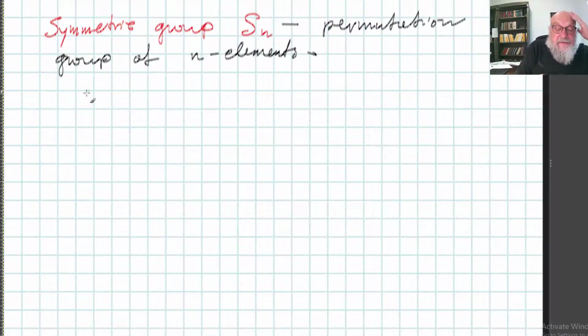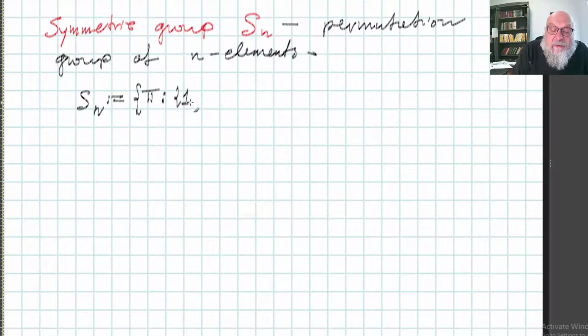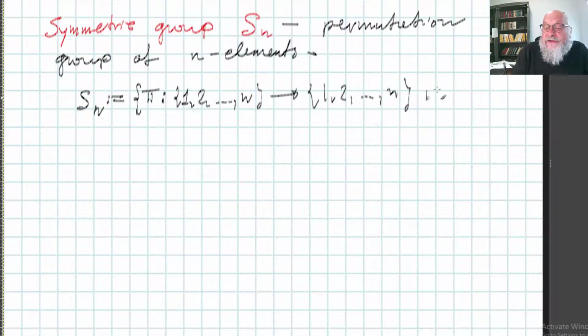So simply you can think about this as the set of all bijections. So you can say this is the set of all bijections pi or sigma. Here pi is a permutation of the set 1, 2 to n. So you take this set and you map it onto itself, such that pi is a bijection.